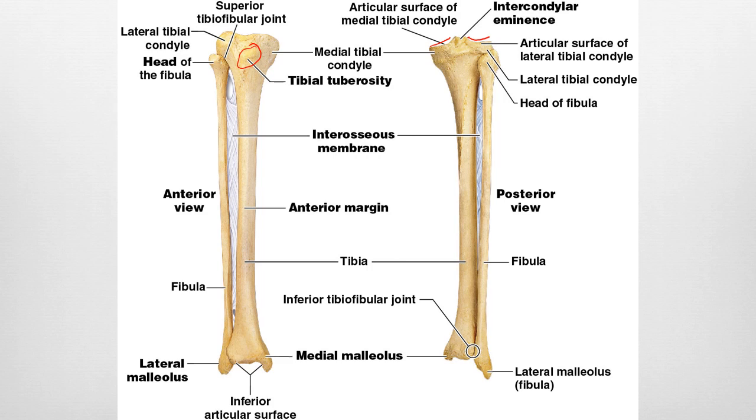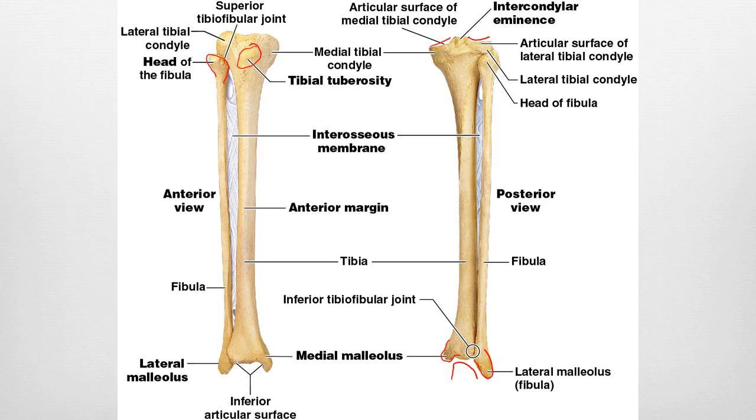The fibular head rests right up into the lateral condyle of the tibia and pushes up into it. Where the malleoli come down at the distal end, we have a medial malleolus on the tibia and a lateral malleolus on the fibula. And then our ankle bone, the talus, is going to come up right in here.